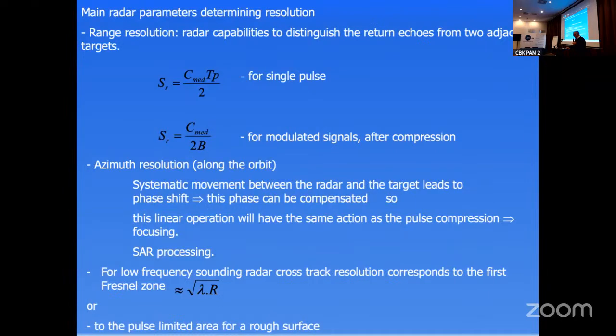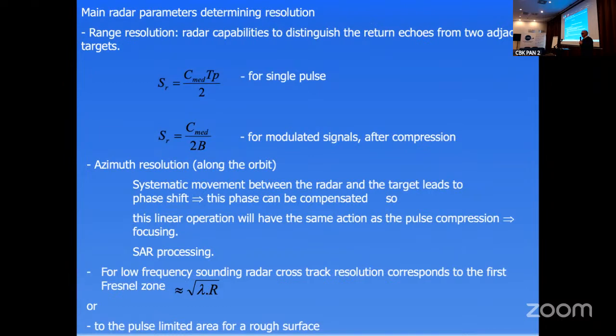Okay, now, sorry. Cross-track resolution, as I told you, depends on the antenna or on the duration of the impulse. Of course, the resolution along the orbit, along the movement, is defined by the SAR processing.